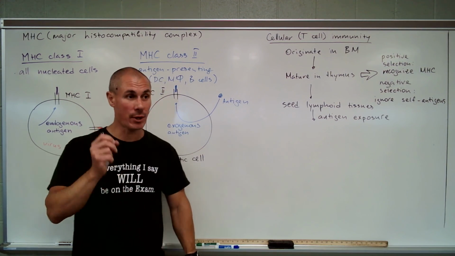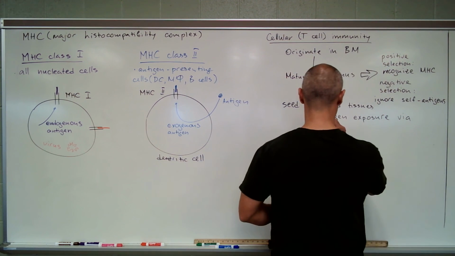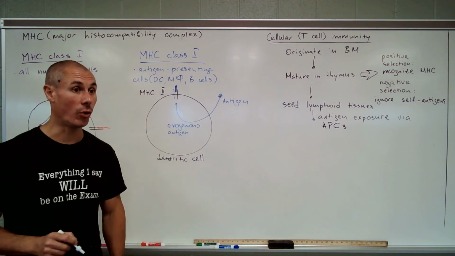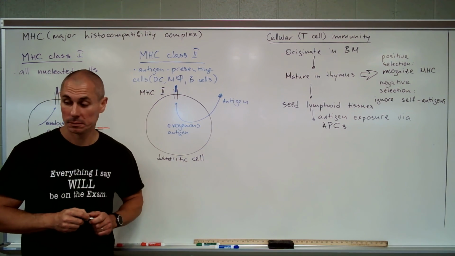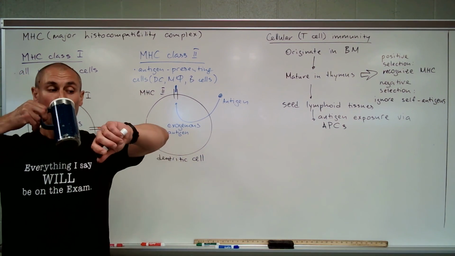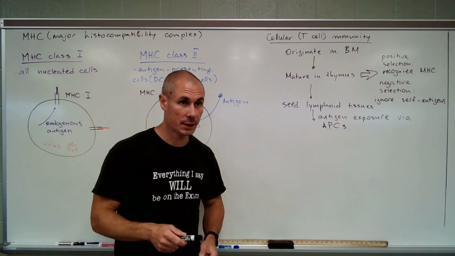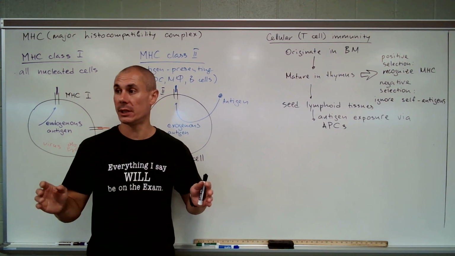So you have to have antigen-presenting cells involved. Clear? We're good so far. Turns out we have two gigantic populations of T cells.